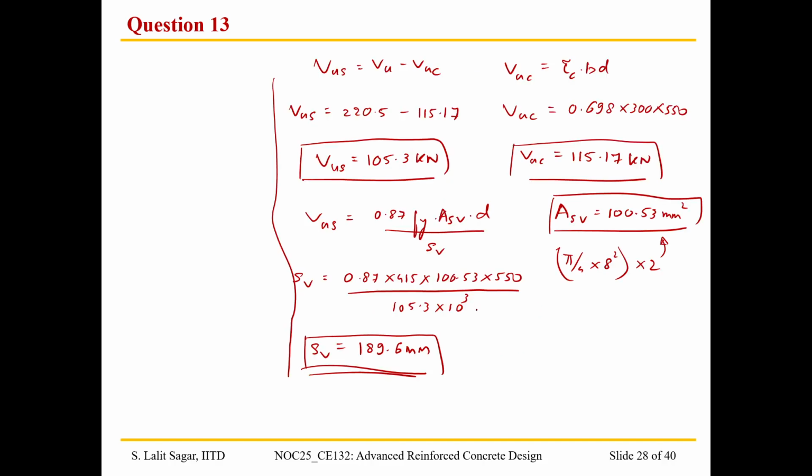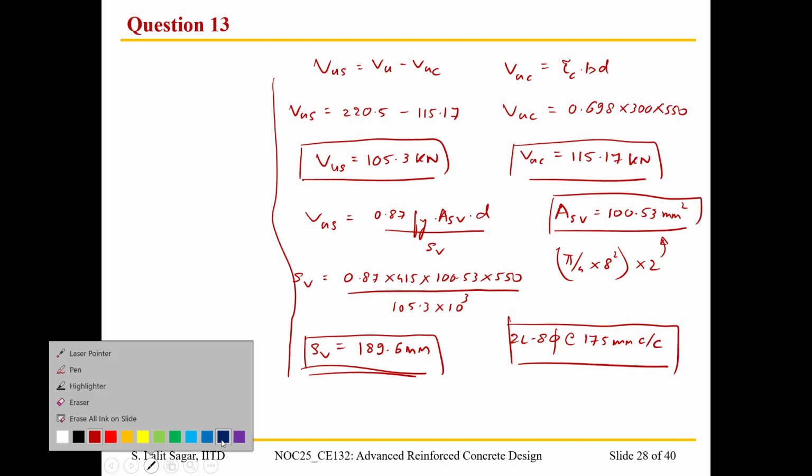So we can say that provide two-legged 8 mm tall stirrups at, let us say, 175 mm center to center. But after calculating this spacing, there are certain other provisions as per IS 456 that we need to check, right?